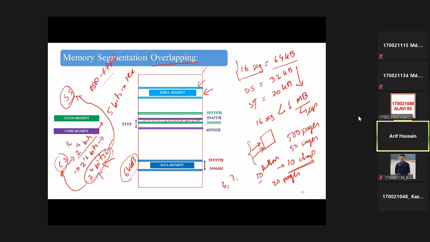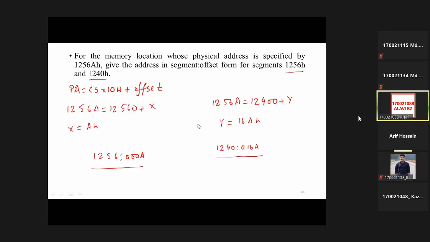That means this physical address can be accessed by both these segments. That is exactly what happened here. 1256 is one segment, 1240 is another segment, but both give you the same physical address because this is overlapped. Clear up to this? Any question?